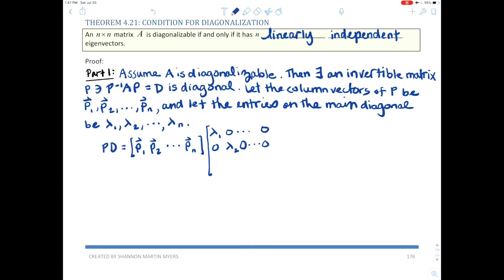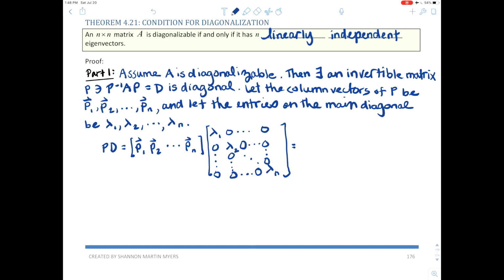And we'll be going on in this fashion until we get down to lambda n. Cool, cool. So basically all the entries on the diagonal matrix are 0, except on the main diagonal.